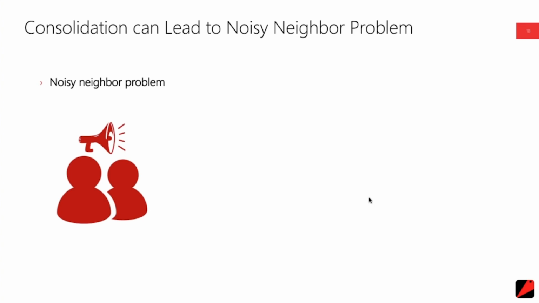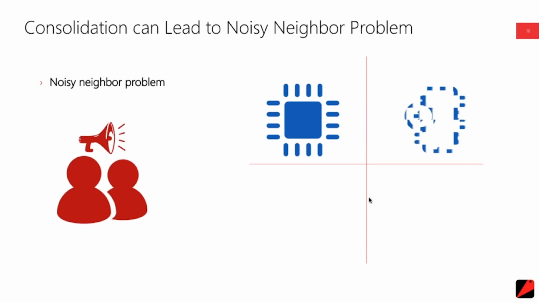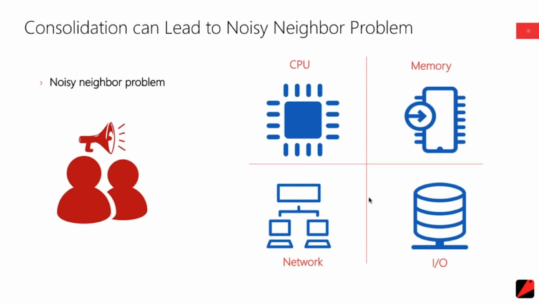So you've got much more dense packing available from a consolidation perspective. But in doing that, you're opening the door for resource contention. And Kubernetes itself doesn't really provide any built-in resource management framework. And so mitigating those risks of the noisy neighbor effects is very challenging.